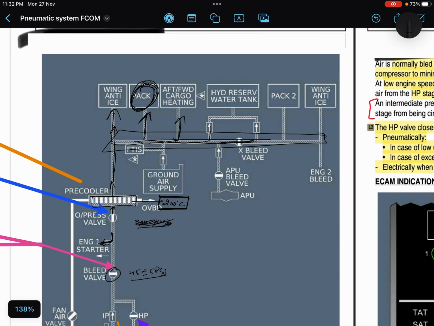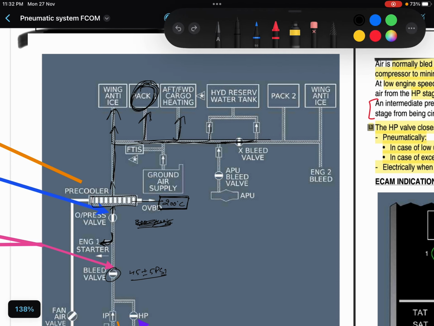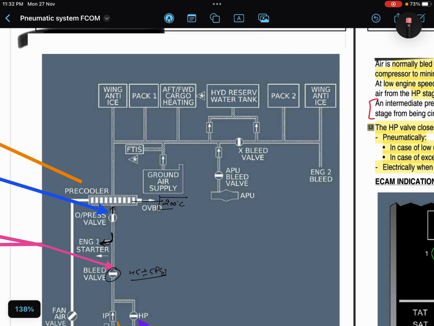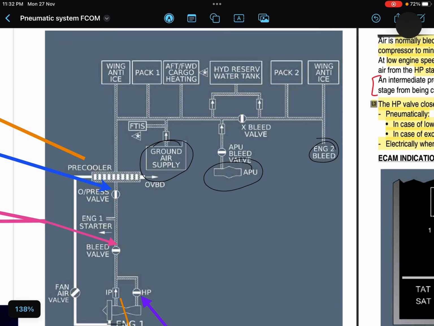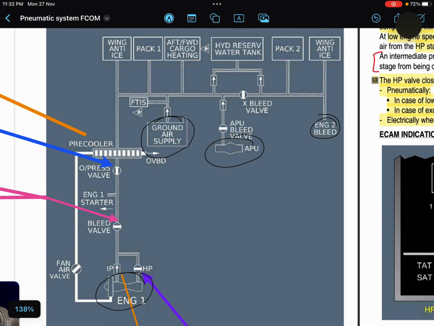So the cross bleed duct is the place where all three high pressure sources are connected. How many sources are there? There are three sources: ground air supply, APU, and the engines, right? This is also one of the questions.